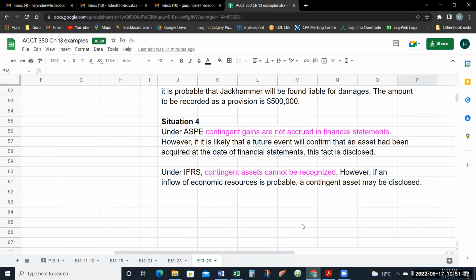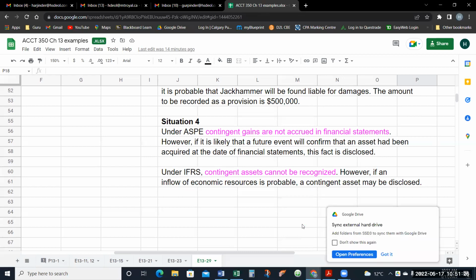We cannot accrue contingent gains. So terminology for ASPE is contingent loss or contingent gain. Contingent gains can't be accrued in the financial statements, but we can disclose if an asset has been acquired as of the date of the financial statements.